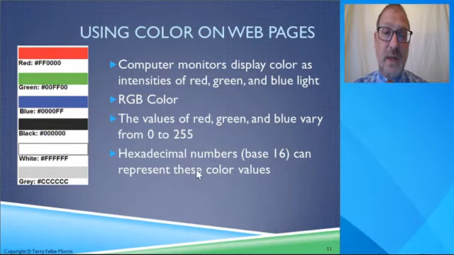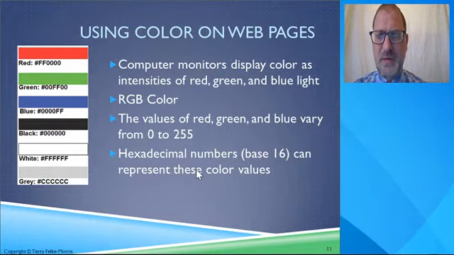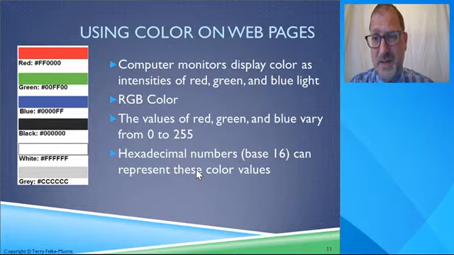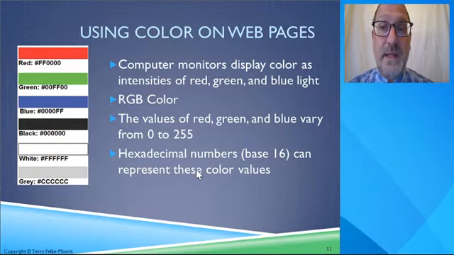And I should say that the reason we use hexadecimal is for various reasons, but you count from 0 to 16, and we don't have 16 numbers, so we use A, B, C, D. So it's 0, 1, 2, 3, 4, 5, 6, 7, 8, 9, A, B, C, D, E, F, then 20, 21.